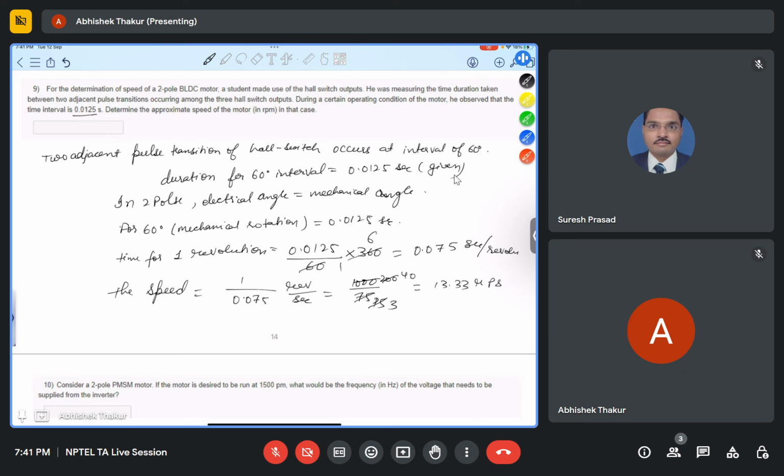If we multiply it by 60, the rotations per minute will be equal to 40 by 3 times 60, which is 800 rotations per minute. So for this question, the approximate speed of the motor omega is 800 rotations per minute.